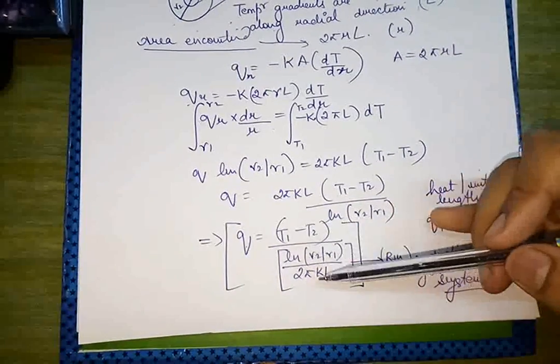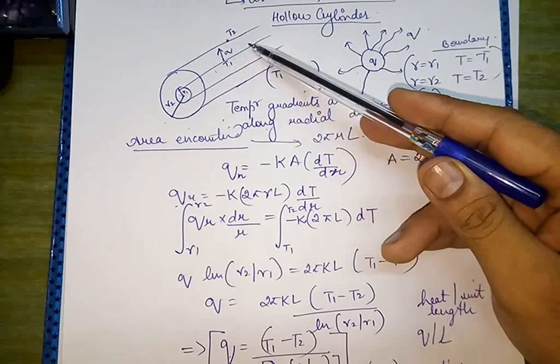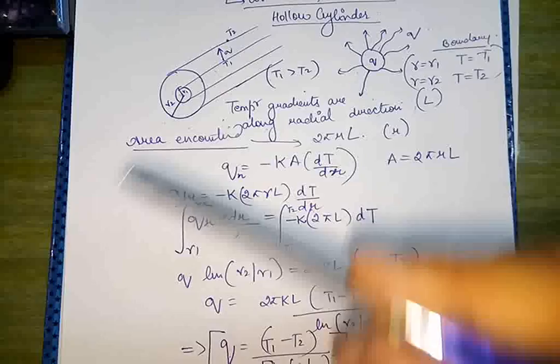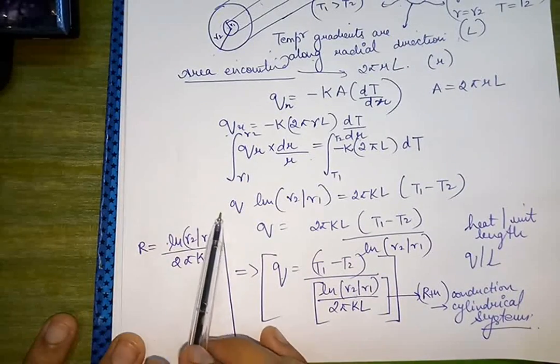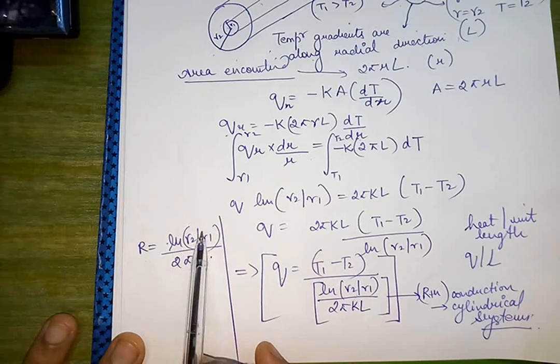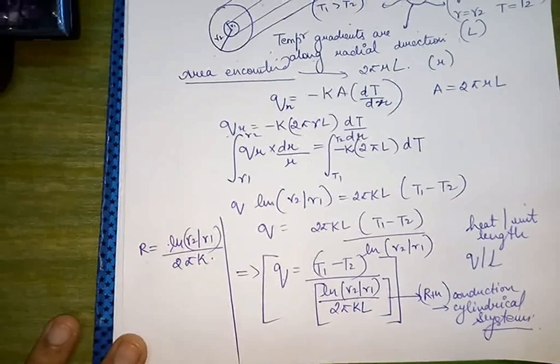Now K, as we already know, is the thermal conductivity of this cylindrical material that we have taken here. Now the thermal conduction resistance for the cylindrical case would be ln r2 over r1 upon 2 pi K. Alright, that we have derived here.